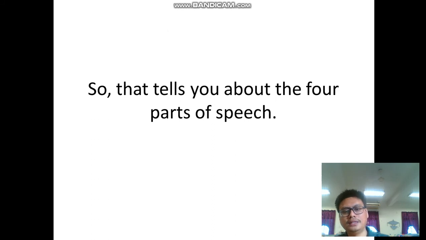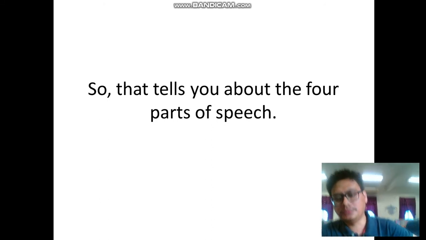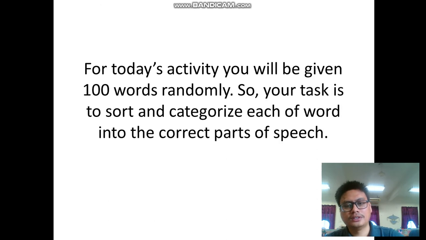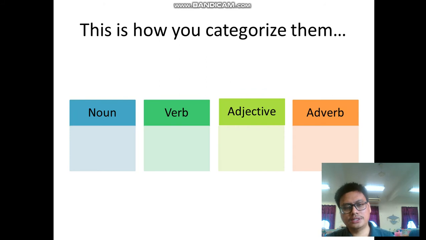So that tells you about the four parts of speech. I'm making this as short as possible. For today's activity and today's handouts, you will be given 100 words randomly. Your task is to sort and categorize each of the words into the correct parts of speech. So this is how you categorize them.